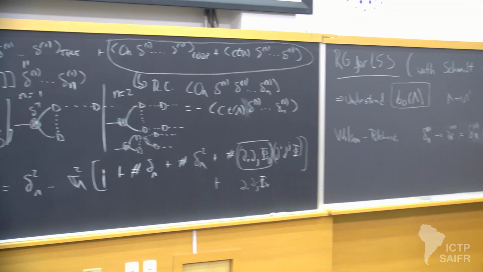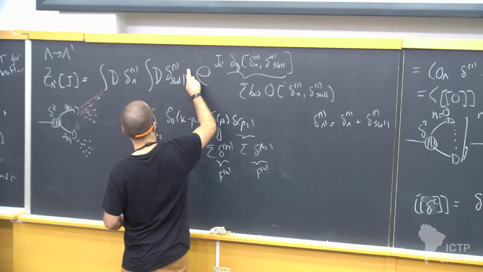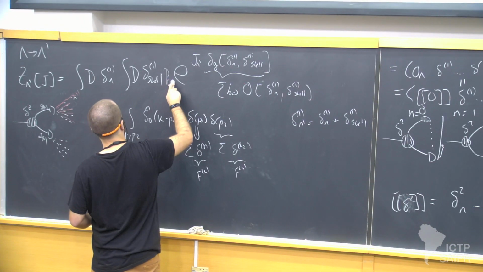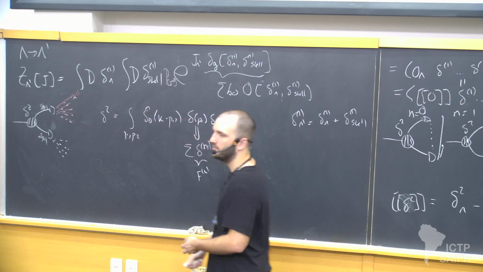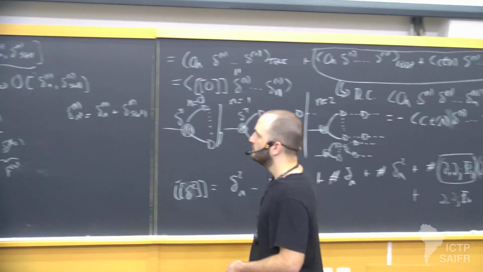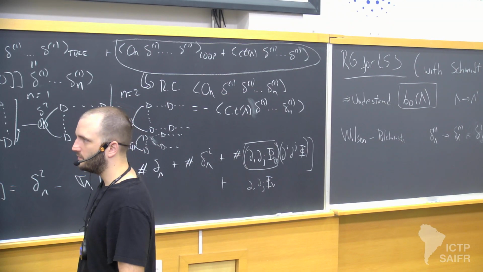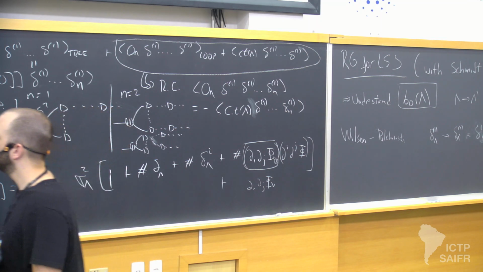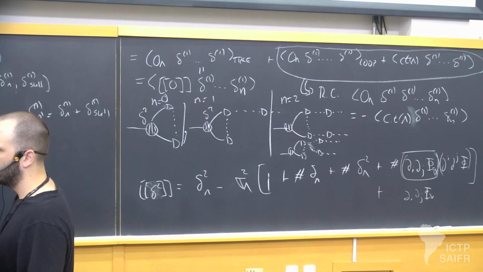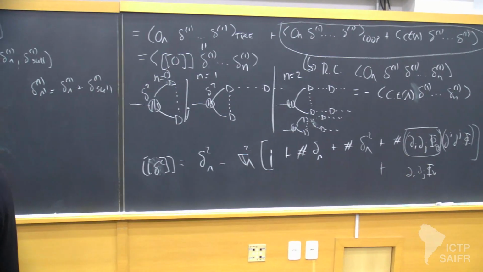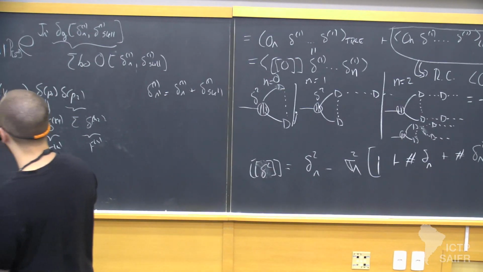Oh yeah, sorry, I'm going to be very sloppy here. P delta 1. Yeah. So you're splitting the integral there. Exactly, I'm splitting into lambda and shell.